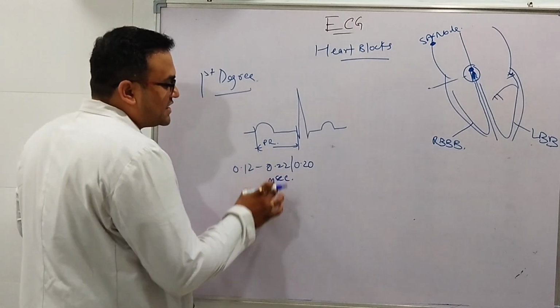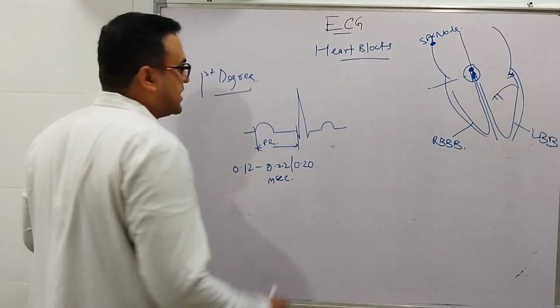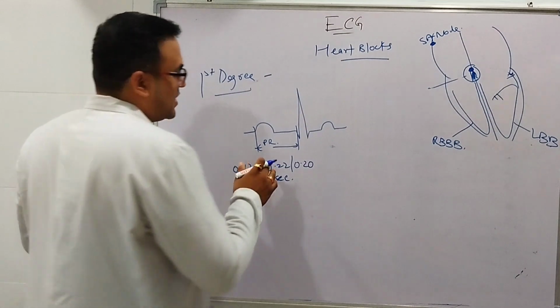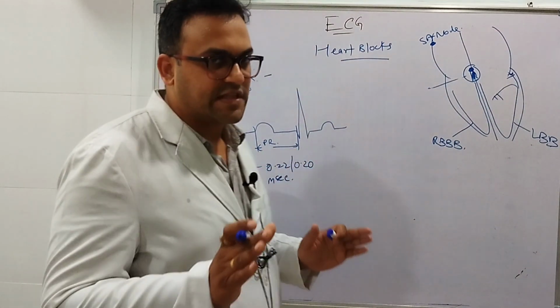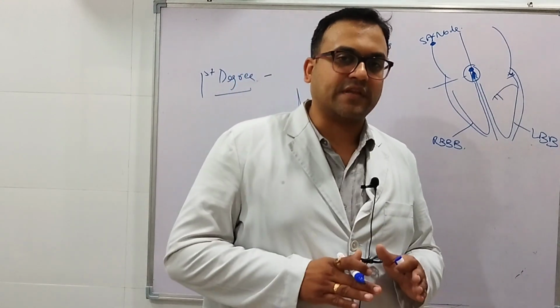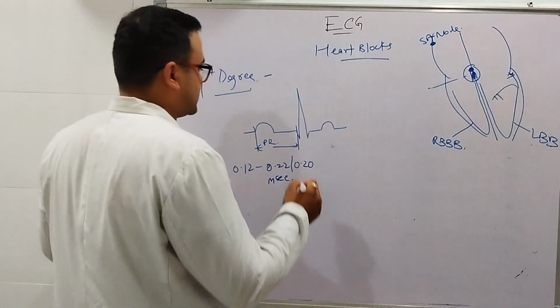If the PR interval is more than 0.22, then we call it first degree AV block, and in this all the waves will have the same prolonged PR interval, and all the P's will be conducted into QRS complexes.